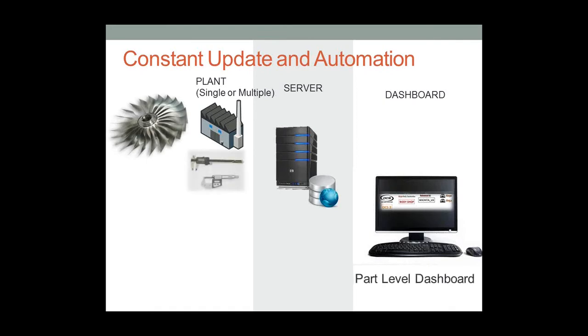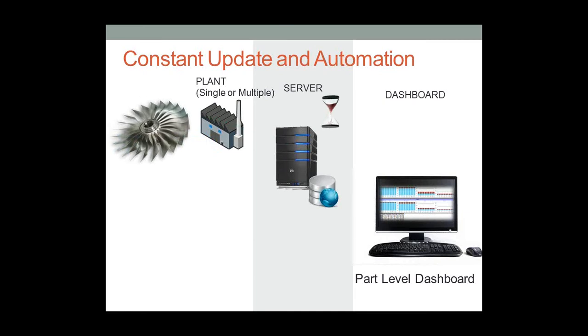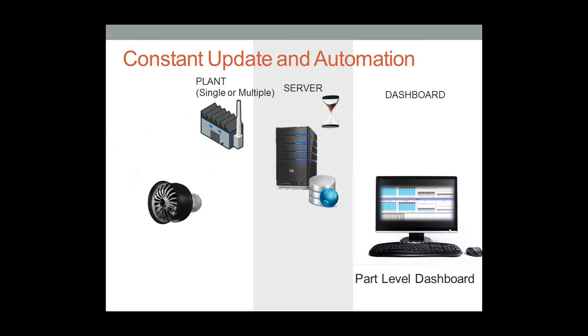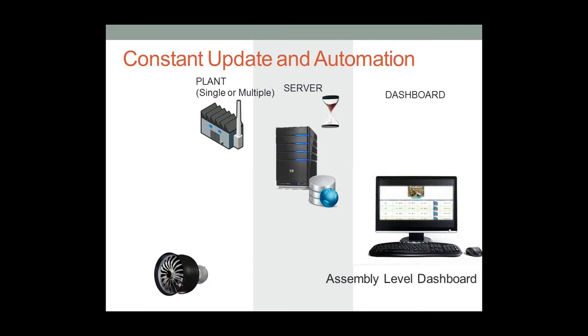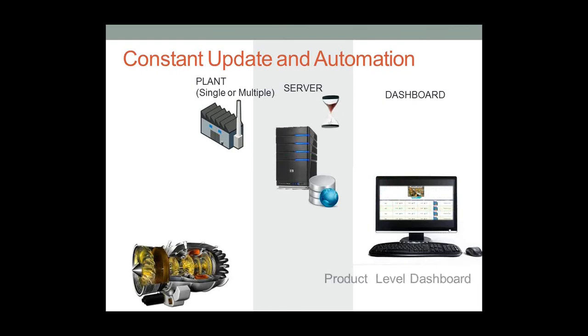So every time a part is measured, it automatically feeds a part level dashboard. And whenever the part is being measured, we know how that is going to affect the sub-assembly level, so we can create an assembly level dashboard. And as soon as the part is measured, we also know how the multiple parts that are going into a product are going to affect it, so we can create a product level dashboard.